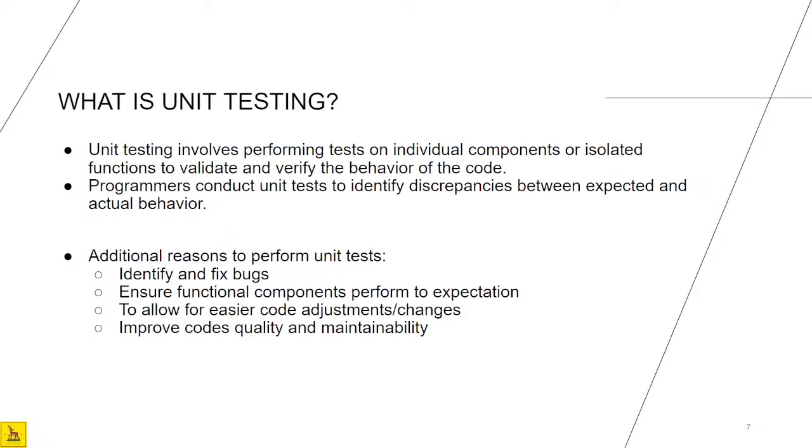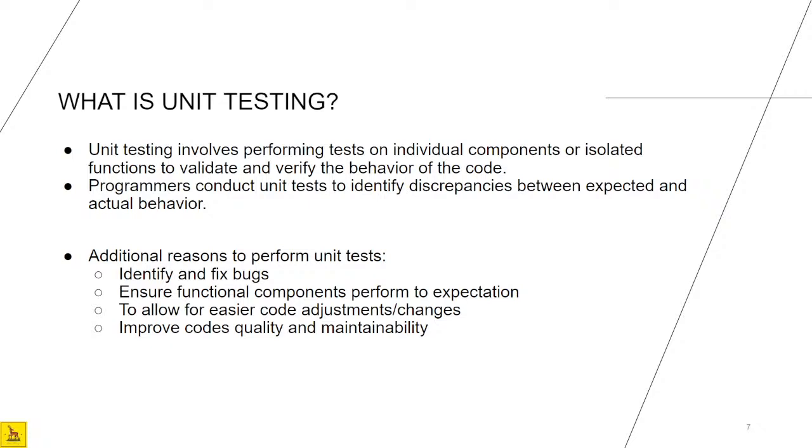Programmers conduct unit tests to identify discrepancies between expected and actual behavior. Sometimes our code can perform out of the ordinary and do unexpected things, which can lead to bugs and cause some issues in post-production after our code is released.